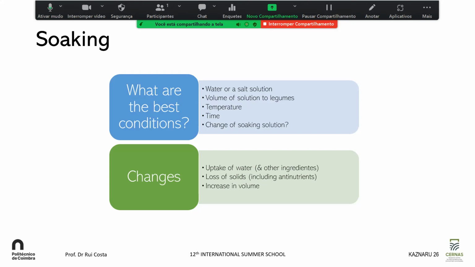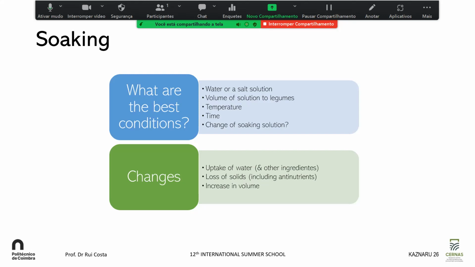We want to study soaking to know if we should use water or a salt solution, for example. Which volume of solution or water should we use, which ratio to legumes should we use? Then at which temperature, how long, and should we change the soaking solution or not?